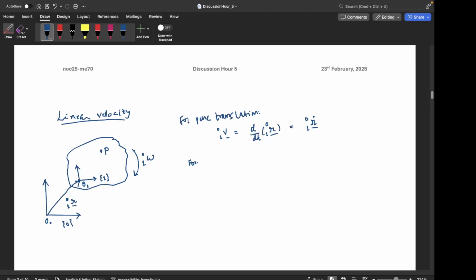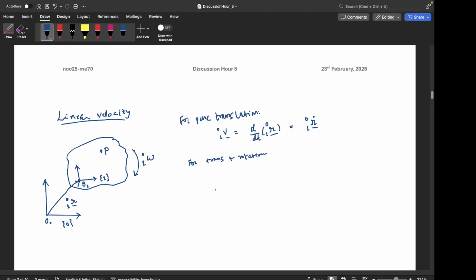Okay, this is the linear velocity, right? And then for general motion, translation plus rotation, the body is moving and it is also rotating about a certain axis. The frame 1 that is fixed to the body is rotating about a certain axis, right?